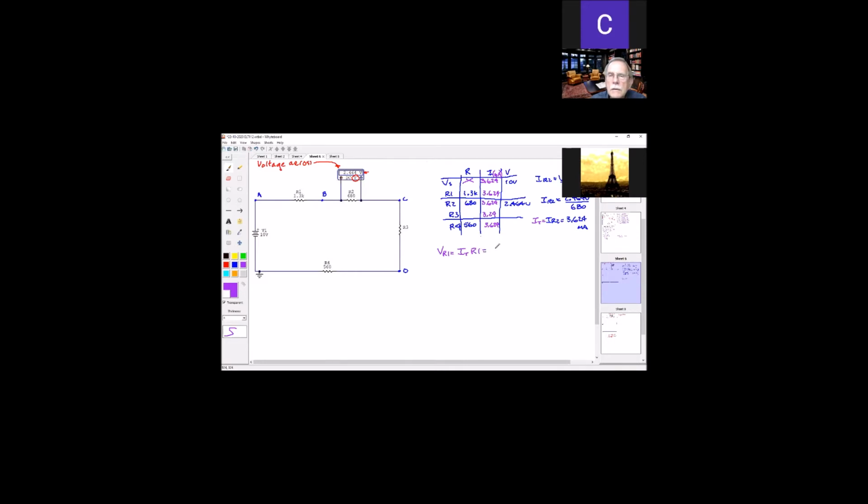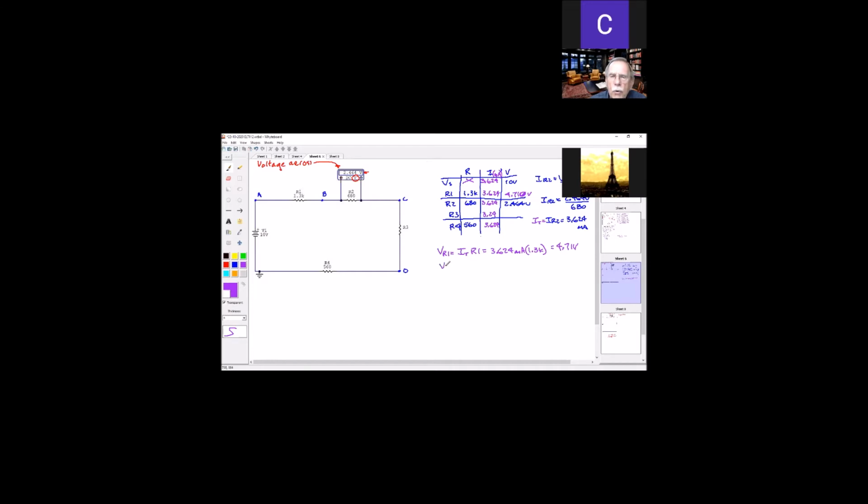So I've got 3.624 milliamps times 1.3K. 4.71 volts. So this is going to be 4.71 volts, or 4.710 if I want to work the 4 round to 3.